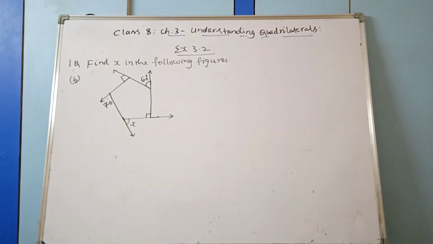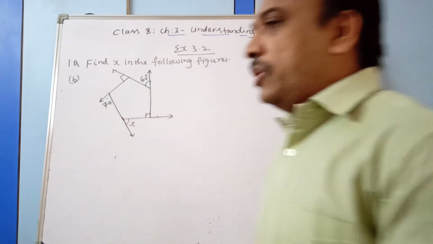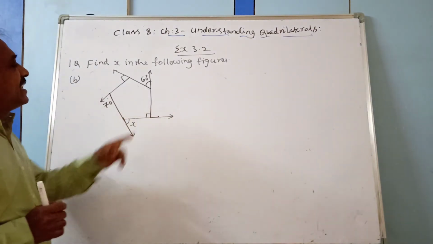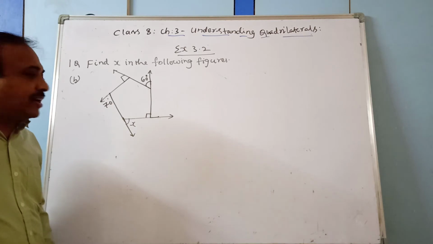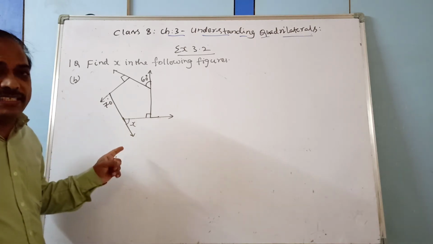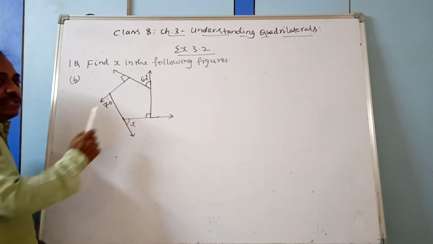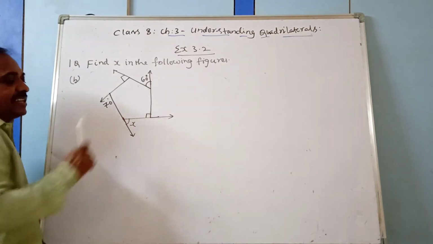Now we see exercise 3.2. Find x in the following figures. So in that part B, you see, find x in the following figures. How many sides are there? What type of polygon is this? Yes, you are right. It is a pentagon. So here the missing term is x, that you have to find out. This symbol represents 90 degrees.